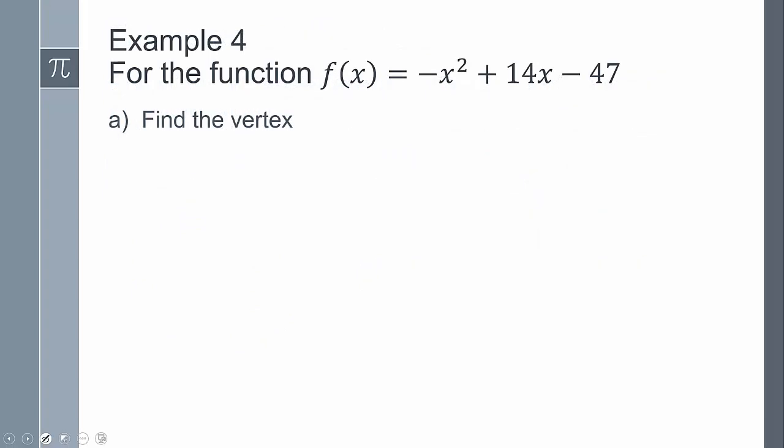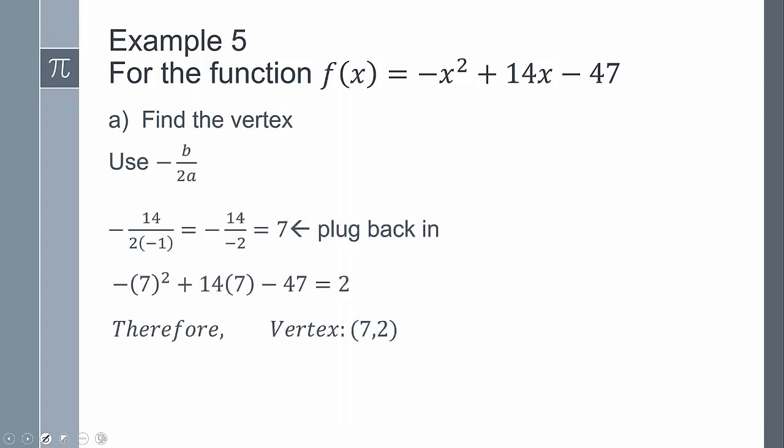And so I did a little quick demo right here, where if I was to say, hey, find the vertex of this function. And so using negative b over 2a, my b is 14, so negative 14 over 2 times a, my a is negative 1, negative 2, 7.